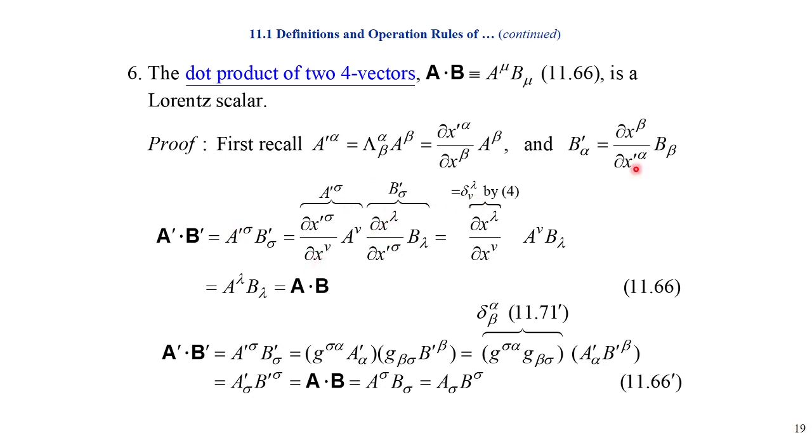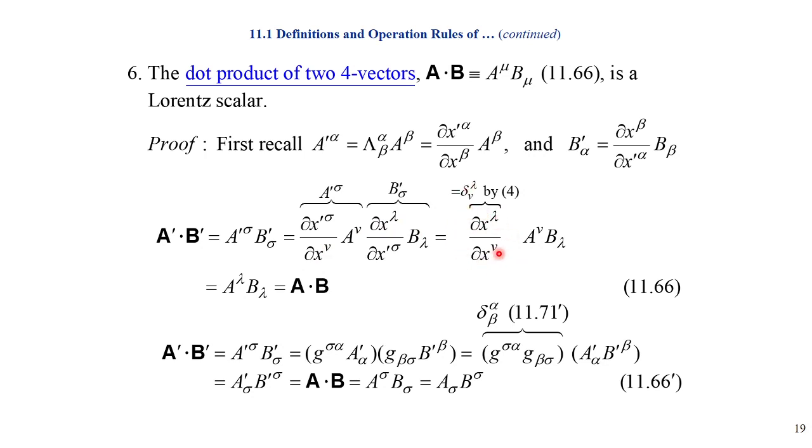So this one substitutes to here, and this one substitutes to here. And once again, we have two terms, this one and this one, this one and this one. And they cancel. Only when mu equals lambda. So it's a connected delta again.